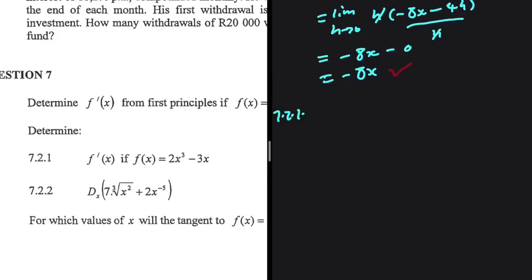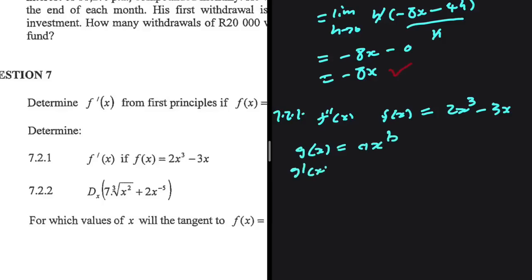7.2.1, we're supposed to determine f prime of x if f of x is equals to 2x to the 3 minus 3x. Out of 2 marks, we're just going to use the power rule. The power rule states that if we have some g of x, which is equals to ax to the b, then g prime of x will just be equals to b multiplied by ax to the b minus 1.